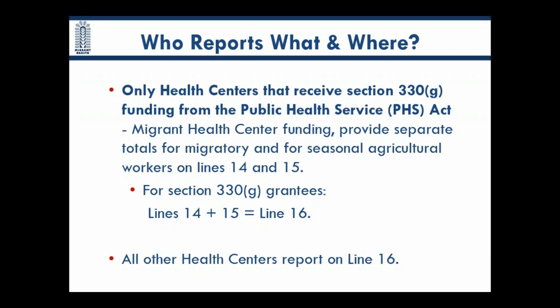But all health centers report these populations regardless of whether or not they receive special population funding. So if you're not a migratory health center, you will be reporting either way in line 16, so the total number of ag workers served. And just as a reminder, your migratory and seasonal ag worker status must be verified at least every 2 years by migrant health center grantees.